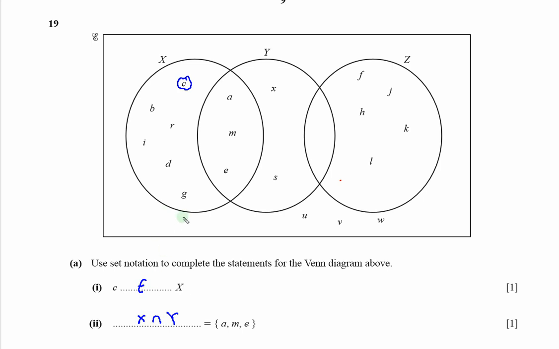X intersect Y is actually this set here, the intersecting point. So this creates another set, and the elements of this set that you created are A, M, E.